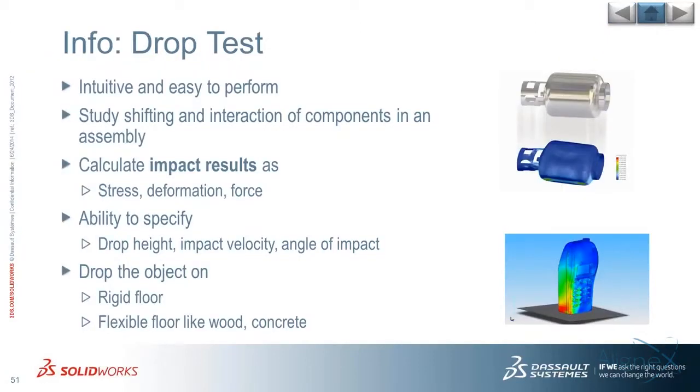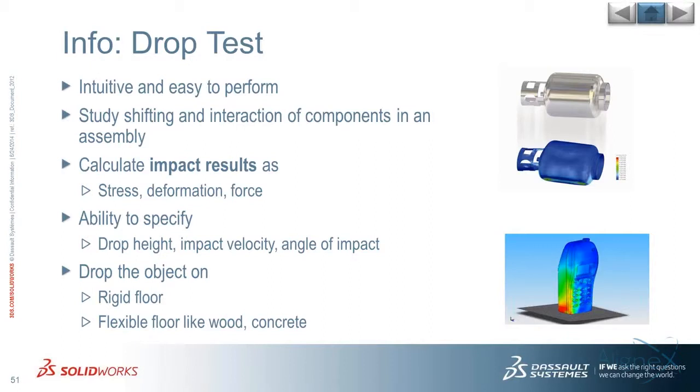So the drop test in Simulation Professional is there because it's intuitive and easy to perform a simple drop test. Whereas doing the more advanced collision, to do something simple like this in the nonlinear dynamic solver, it takes a little bit more to set up.